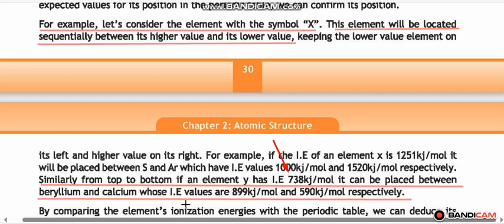We will check the values of certain elements like beryllium and calcium. Beryllium has 899 and calcium has 590 kilojoule per mole of ionization energy. Since 738 is in between 590 and 899, that is why the element Y will be placed between beryllium and the calcium.